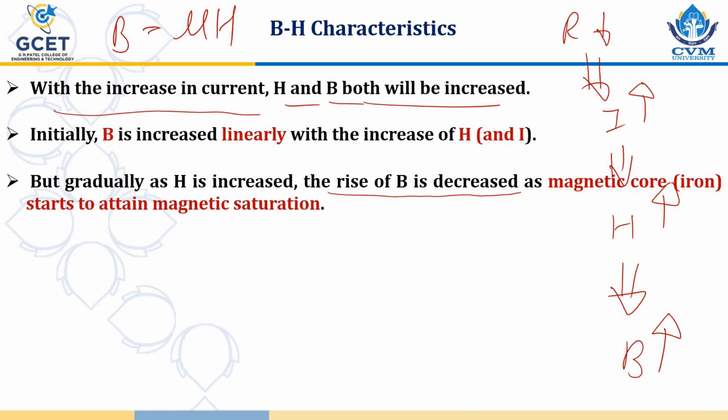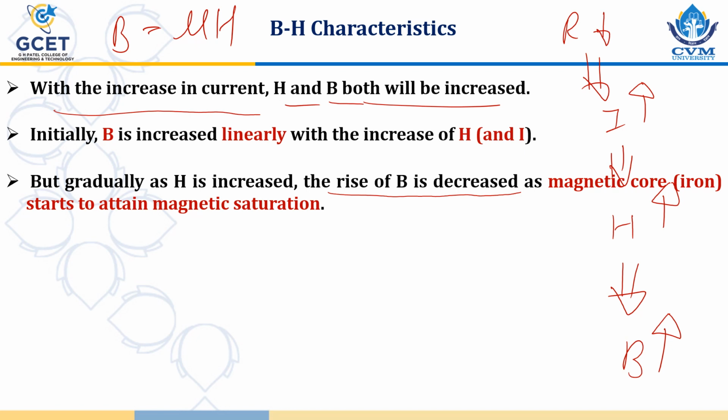Initially B increases linearly with H. After reaching some value, the rate of rise of magnetic flux density B is reduced as the magnetic core, most probably iron, starts to attain magnetic saturation.